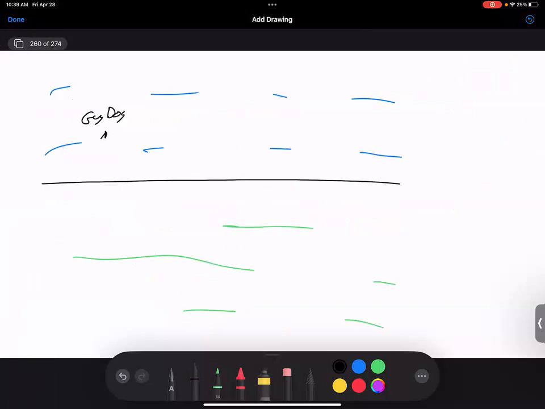And let's say you throw the stick over here. And here's my dog. What path should the dog take to get to the stick? So let's say I throw the stick over here. What path will the dog take to get to the stick?